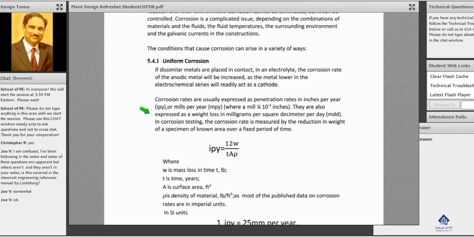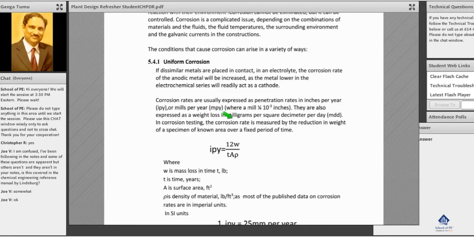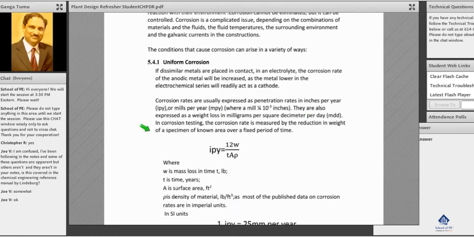The coupon is the metal piece they will use for fabrication or material specifications, with certain dimensions per the standards. That square piece with a thickness is kept in the reaction flask or pilot scale reactors. They weigh the coupon, then measure it after the reaction and check for MDD. That tells you what the chemistry is doing.